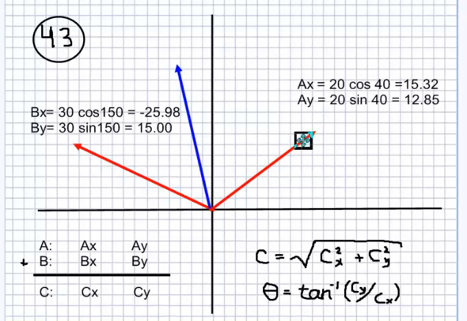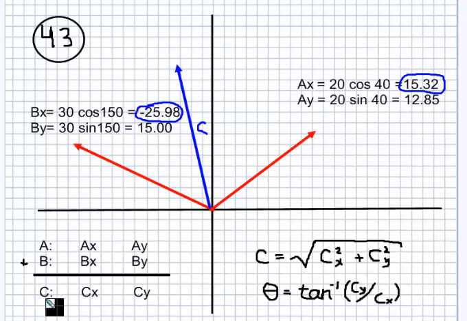So we're going to now add these two up, and so to be precise, we can say that vector C, that's what we can call this blue vector, equals vector A plus vector B. So we add the components individually, Ax plus Bx. Similarly, Ay plus By, that'll give us C in the y direction.